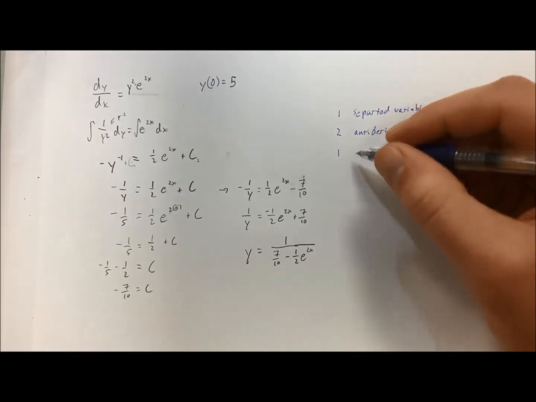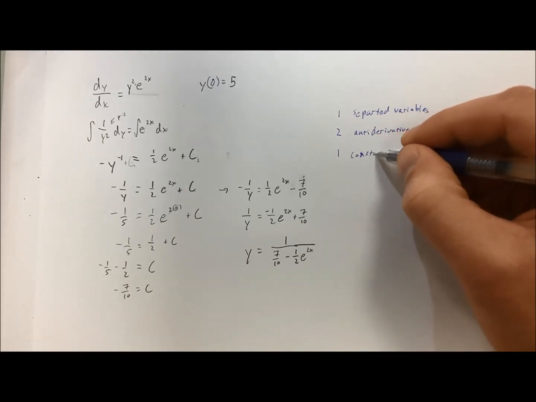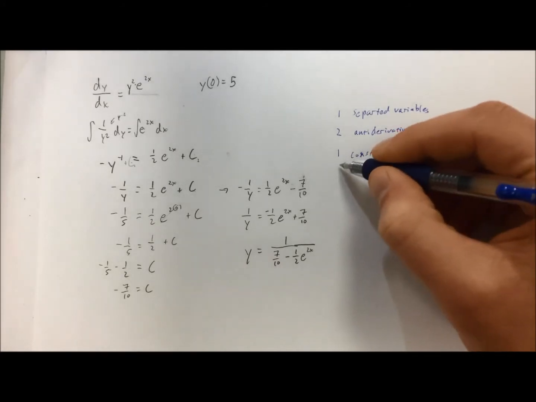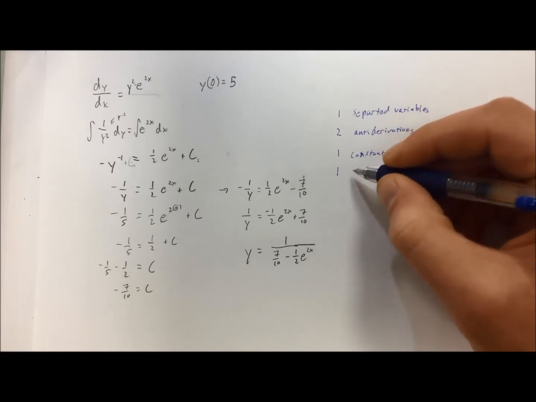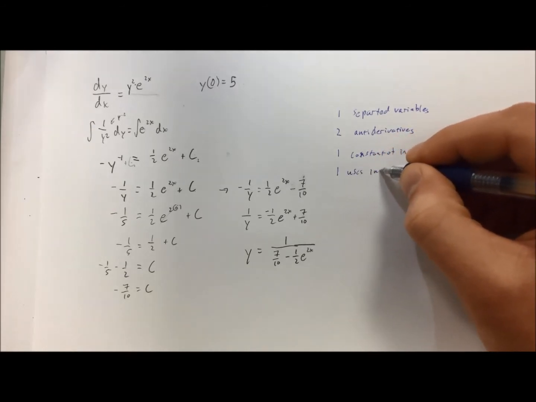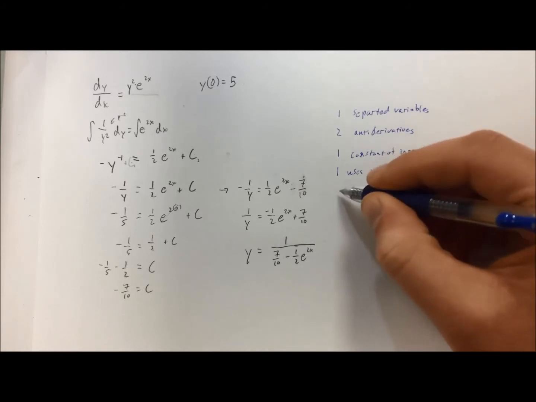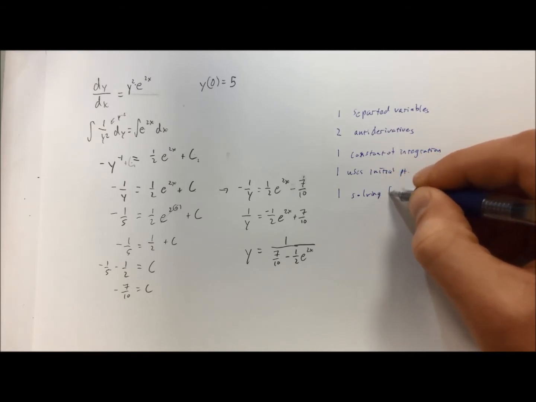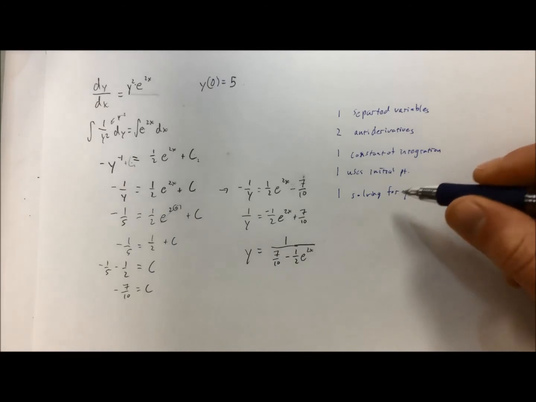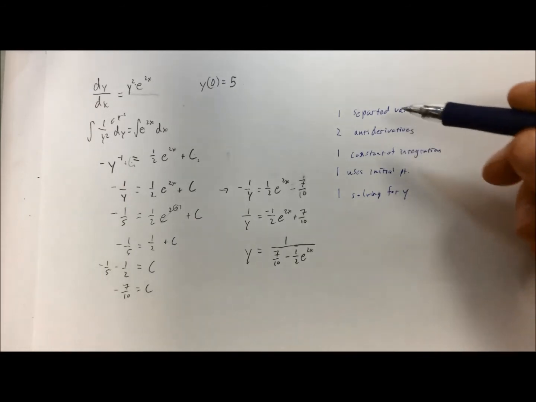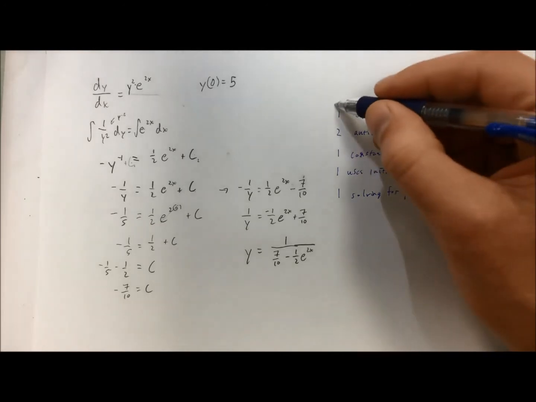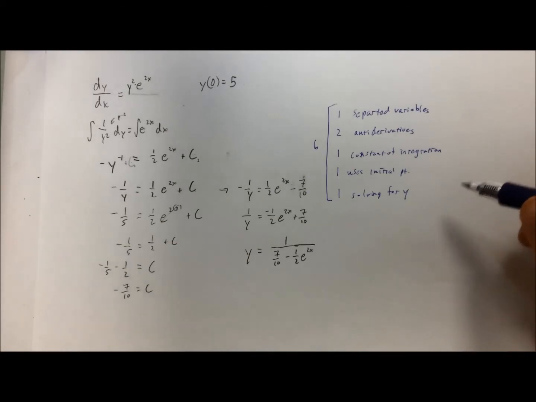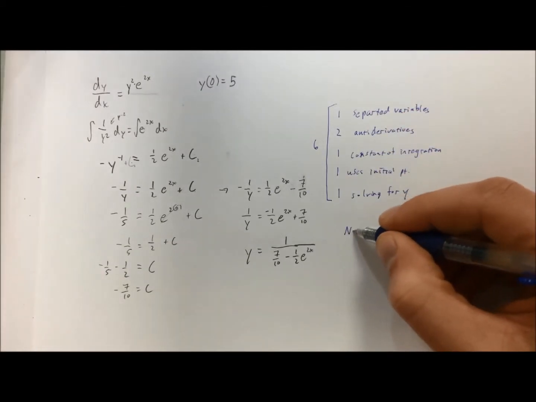So 1 point for the constant of integration. You would get 1 point for using the initial point. And 1 point for solving for y. So 1 point for getting your final answer there. So this whole thing on an AP exam would be worth a total of 6 points.